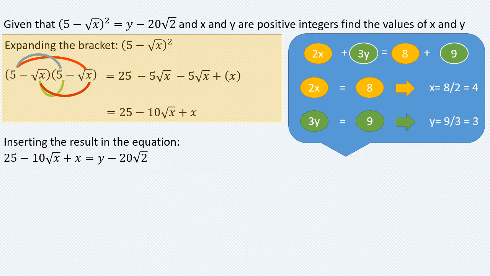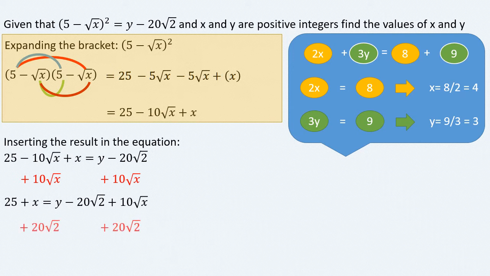Now, to do the manipulations that we want, we'll first add 10 root x to both sides of the equation, so we'll end up with 25 plus x equals y minus 20 root 2 plus 10 root x. Again, we'll add 20 root 2 to both sides of the equation to end up with 25 plus x plus 20 root 2 equals y plus 10 root x.